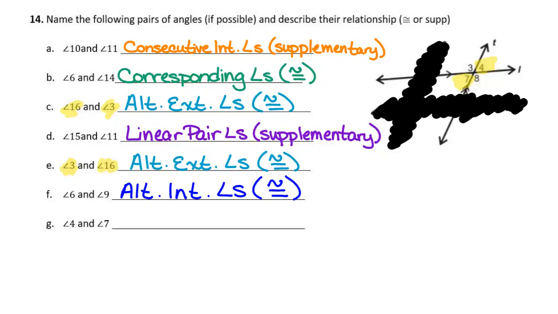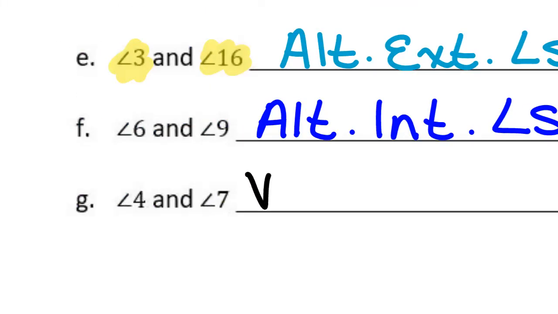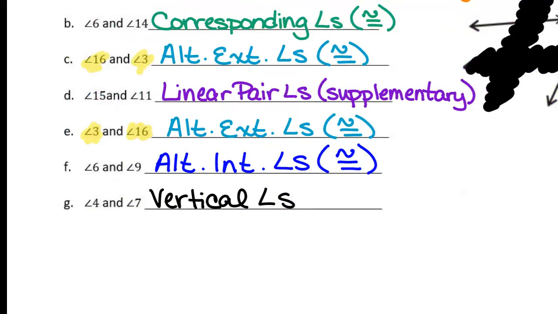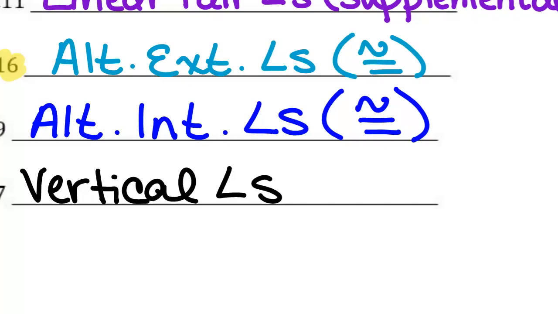Since I was able to block out 2 lines, they touch the same 2 lines. It's either a linear pair or vertical angles. These are vertical angles. If they do not have 2 lines in common, they can't be vertical. Are these congruent or supplementary? Congruent.